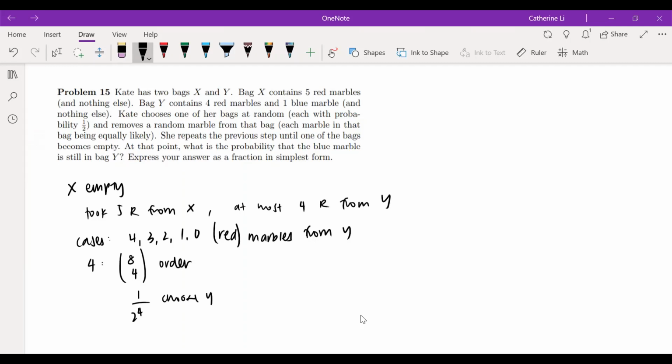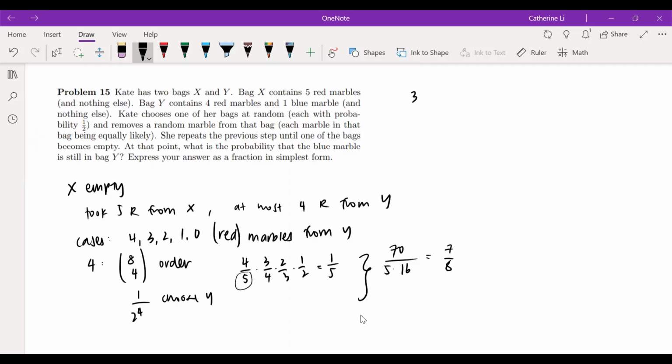And then each time we're choosing a red marble, it's 4/5 times 3/4 times 2/3 times 1/2. Because at the beginning we have 5 marbles and then 4, 3, and 2 in Y, and then there's 4, 3, 2, and then 1 red marble in Y. So the total probability is 70 over 5 times 16, which is 7 over 8.